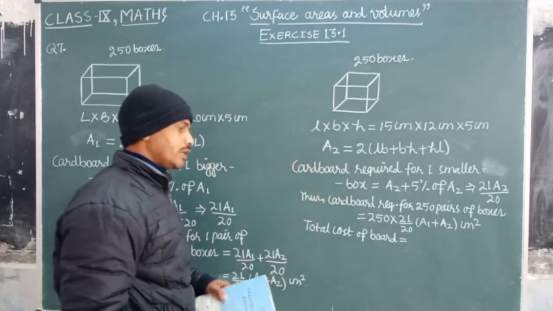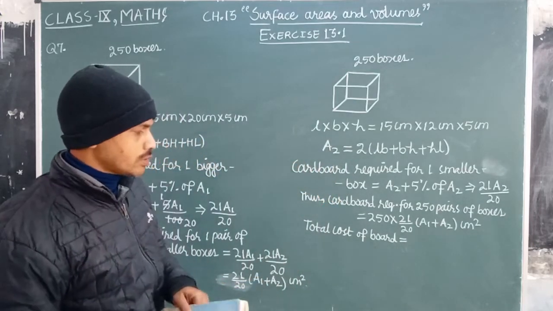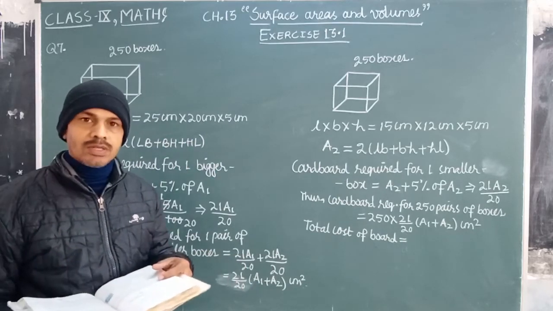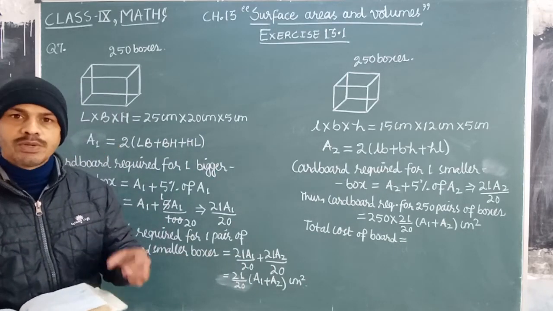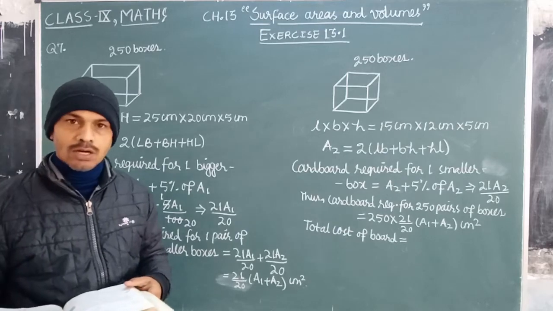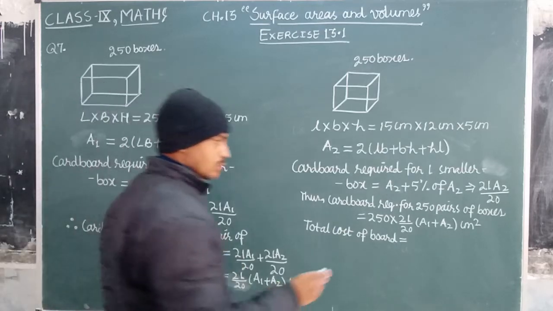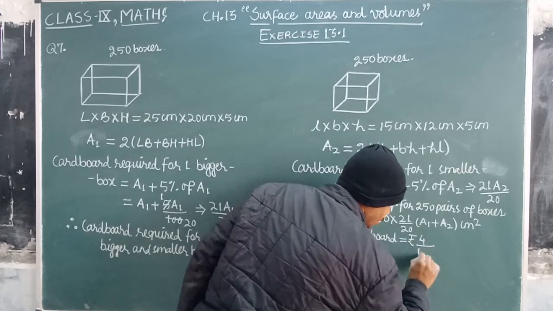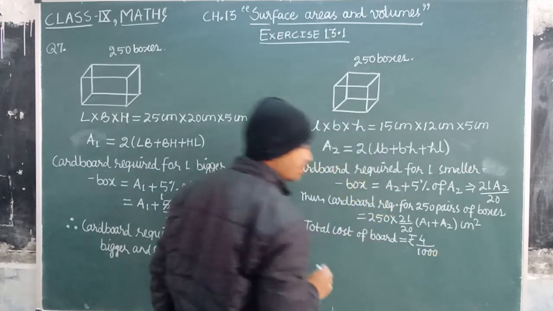That's the cost to be paid for 1 square centimeter of the cardboard, and as rupees 4 is paid for 1000 square centimeter, the cost to be paid for 1 square centimeter is rupees 4 upon 1000.